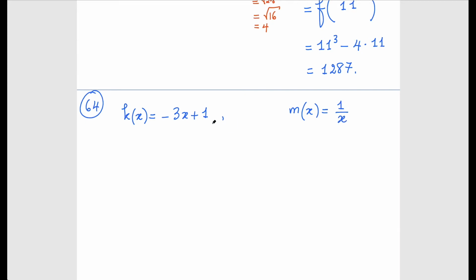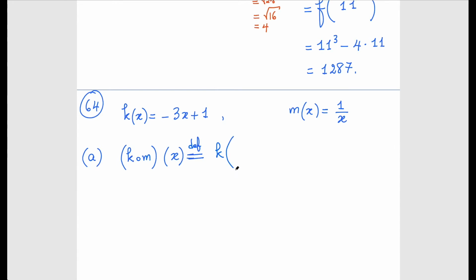Okay? The question is, in part A, find k composed with m at the point x. So the definition of composite function is as follows.